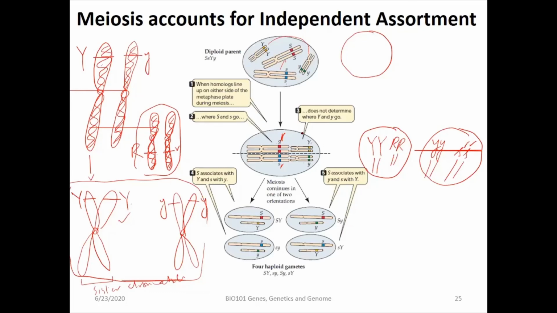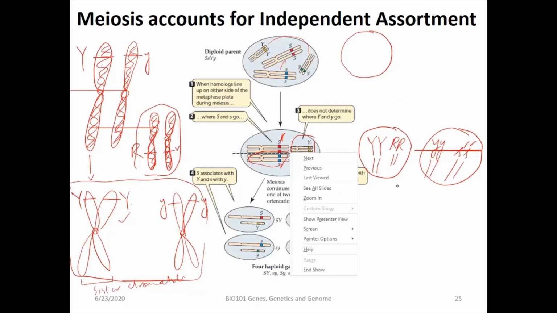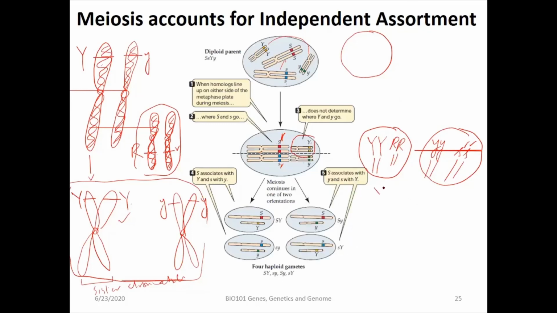Inheritance, remember, the law of independent assortment was that this can go during gametogenesis with this one, which means this is also possible. And on this side, this is also possible. This is the law of independent assortment.